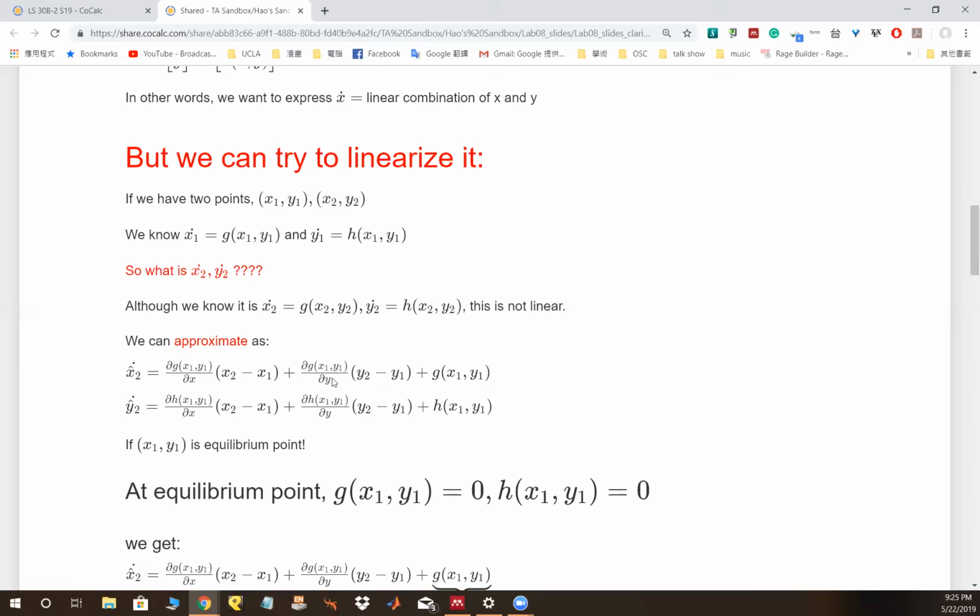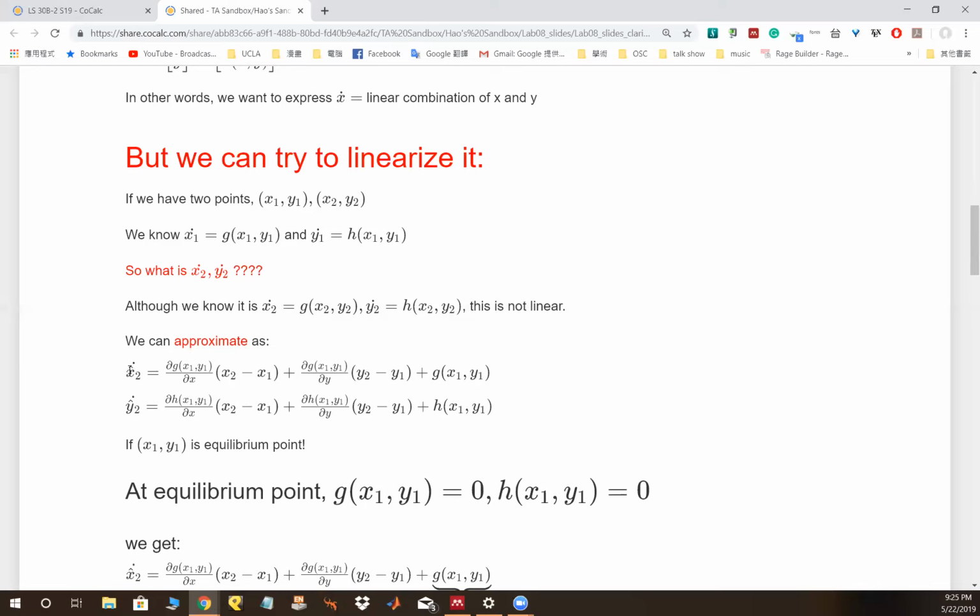So this is like the tangent line of g with respect to x, and then you find the tangent line of g with respect to y and multiply the difference. This is like a linear approximation, plus the current value we have. Then this whole thing will be close to x2 dot, this value we want to find.